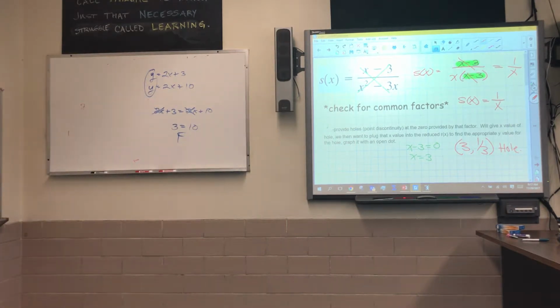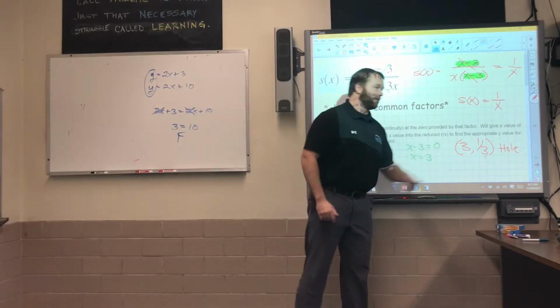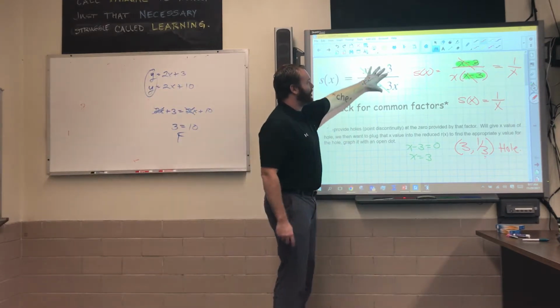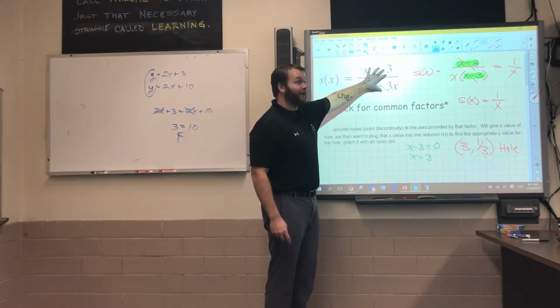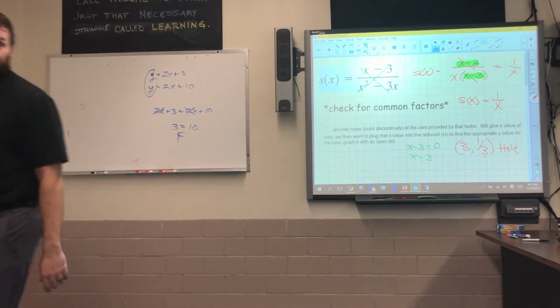Now, like I said, if you graph x minus 3 over x squared minus 3x on your TI-83 or 84, it's not going to show an open dot there. It's going to show a closed dot like nothing's wrong. Even the technology we have is not going to provide you with that 1/3. If we graph that in y1 and go to our table, it's going to say 3, error, because there's no point there.